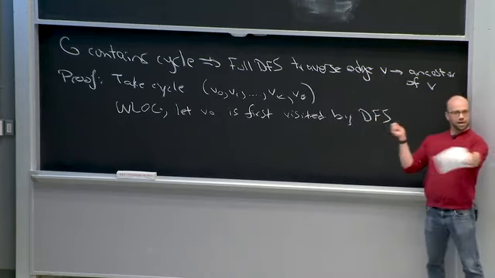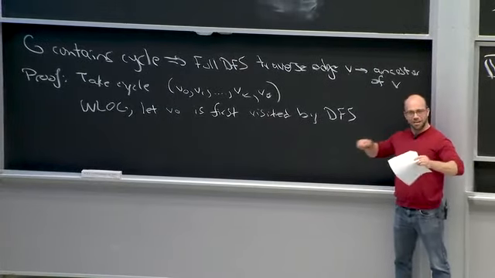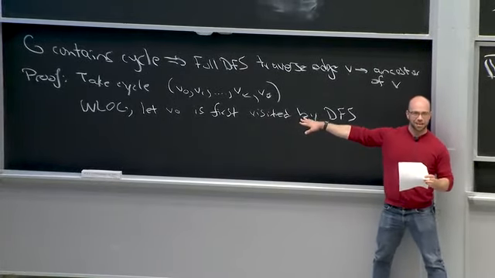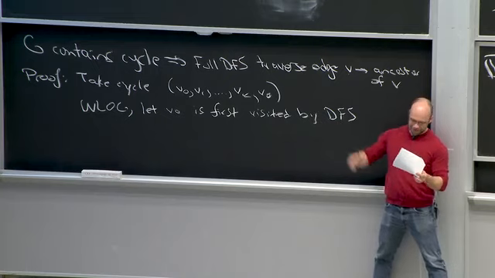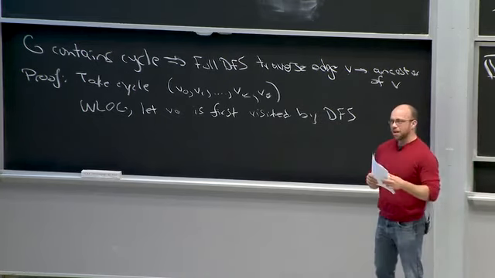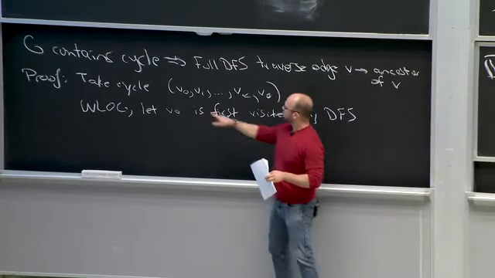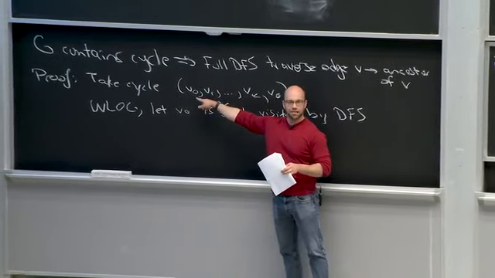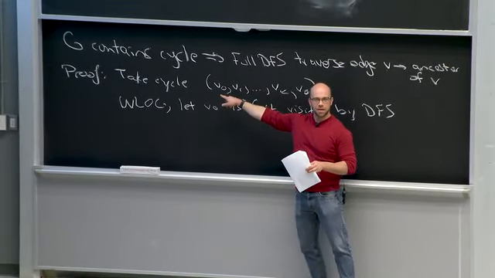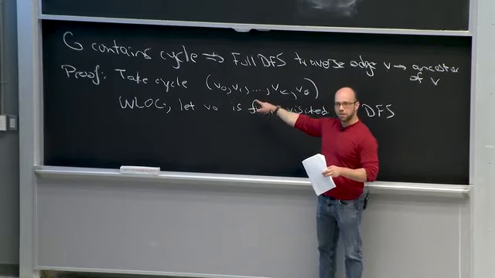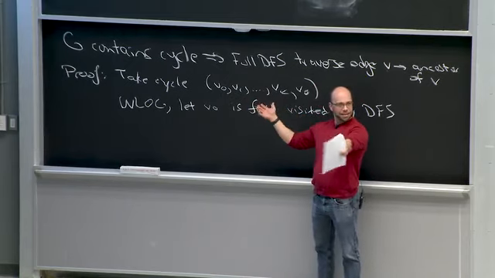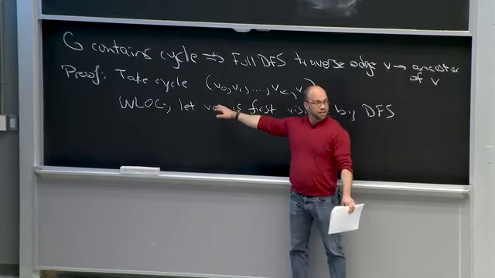That means when I do my DFS algorithm, I'm making all these recursive calls, the very first vertex to be touched by this technique is V0. Okay. Well, now what's going to end up happening? Think about the recursive call tree starting at V0. By the time that completes, anything that's reachable from V0 is also going to be complete.